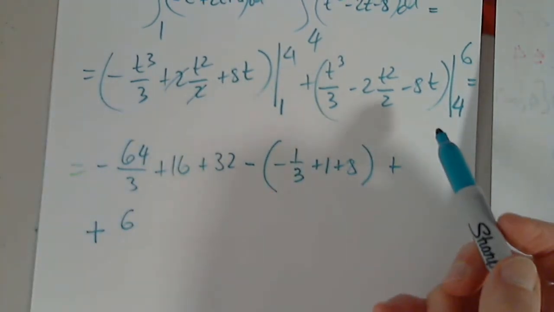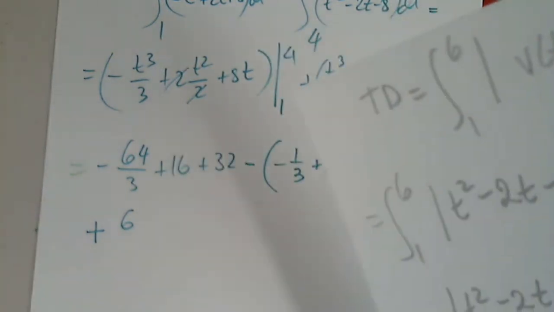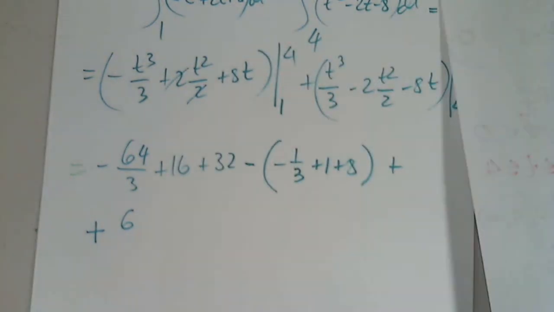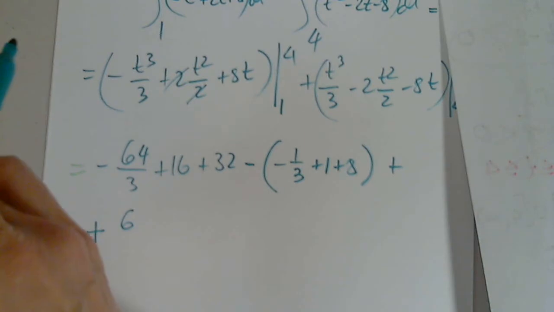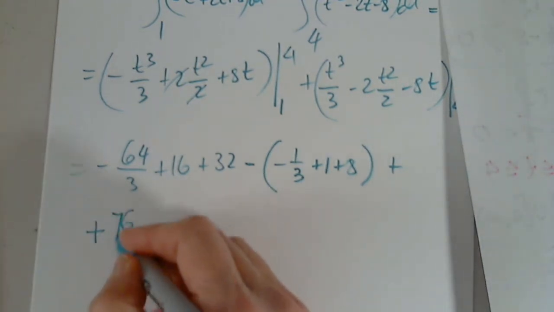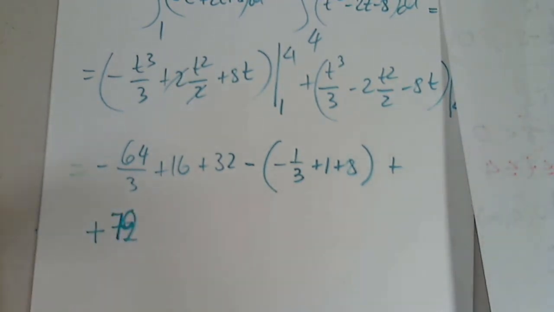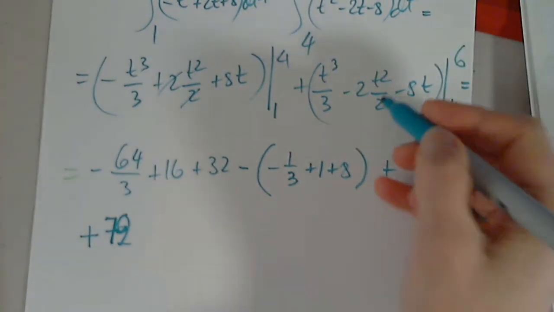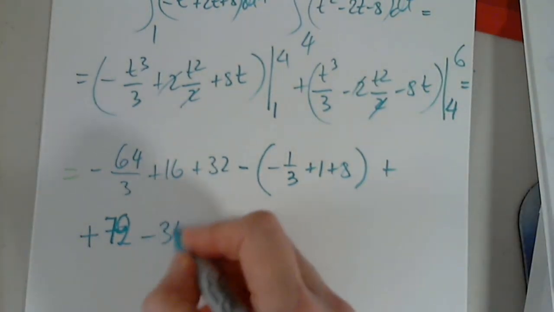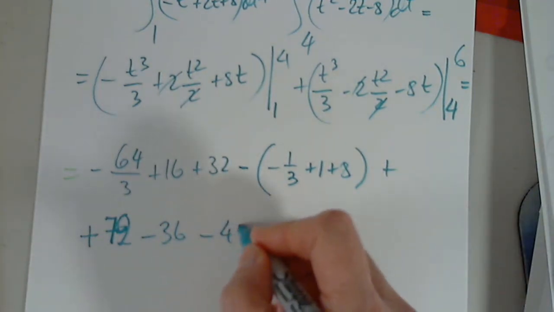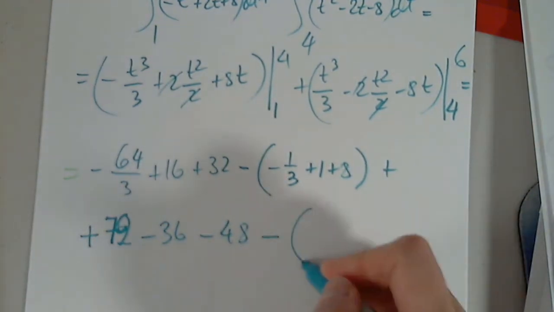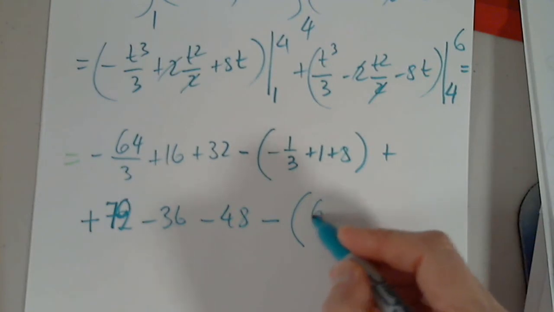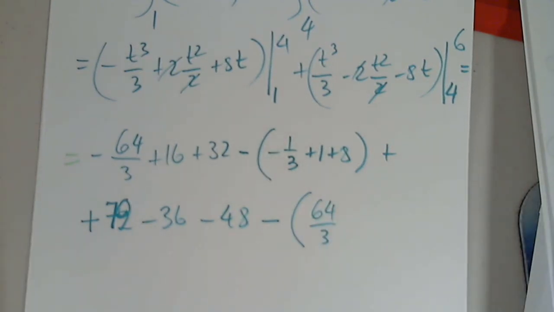I think we just got that, right? 6 to the 3rd over 3 was 72, wasn't it? Yeah. So I'm just going to write 72 already. Minus 36 minus 48 minus, now I plug in 4. 64 over 3.